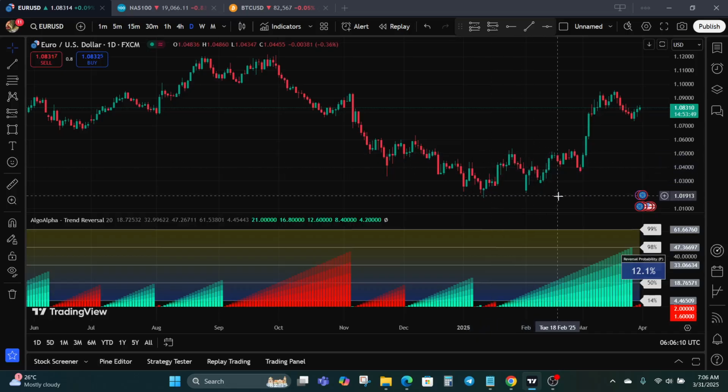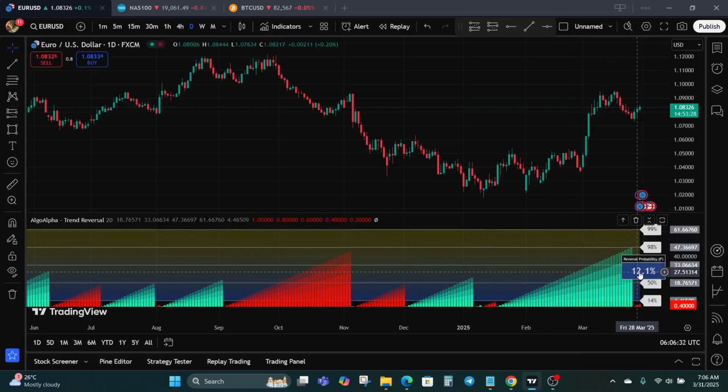The trend reversal probability indicator is a simple oscillator that helps you determine the likelihood of a trend reversal. What makes this tool so powerful is its ability to identify these critical moments when the market is about to change direction. You can see here it gives us the reversal probability.